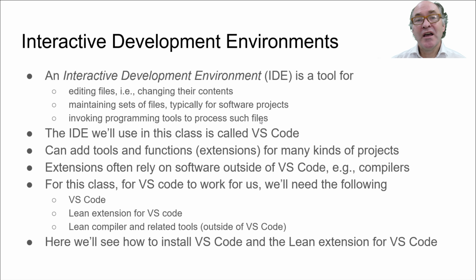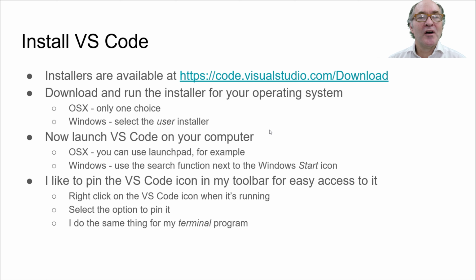Okay, so here we'll see how to install VS Code and the Lean extension for VS Code, but then we'll also have to install the Lean tools themselves, and at that point, the IDE will be capable of using those tools automatically to help you develop logic expressions and software files written in Lean.